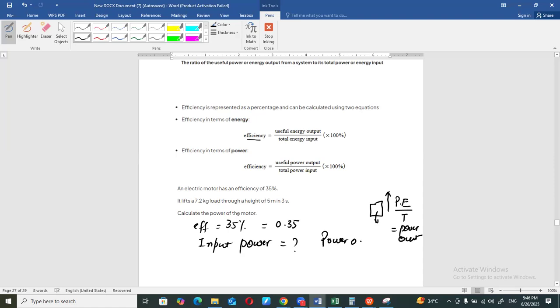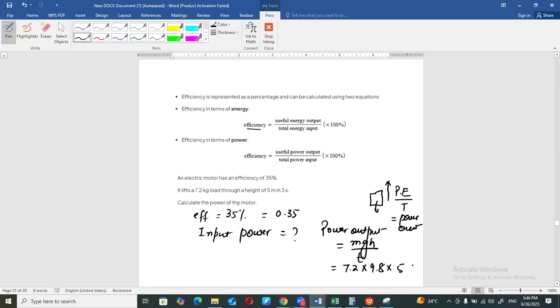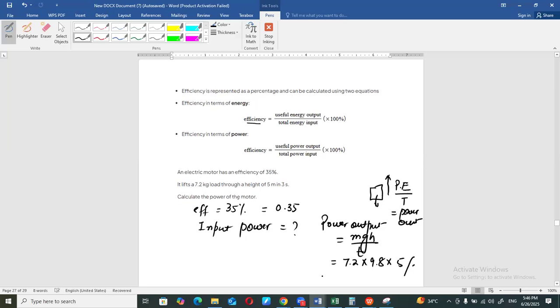Power output is equal to potential energy, which is mgh, divided by t. What is m? 7.2, g is 9.8, height is 5, and then you just divide it by 3 to get the value.